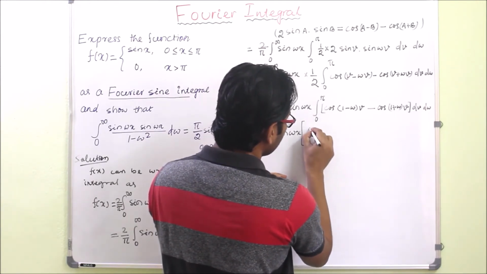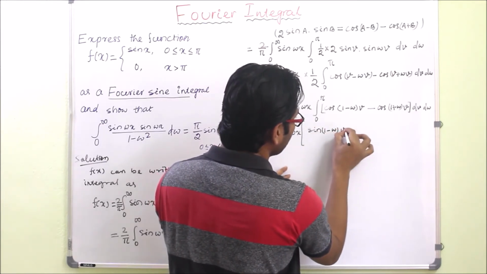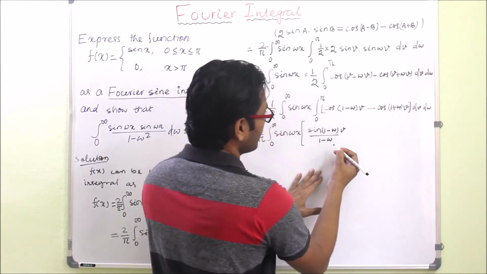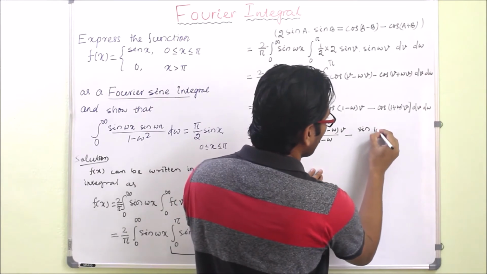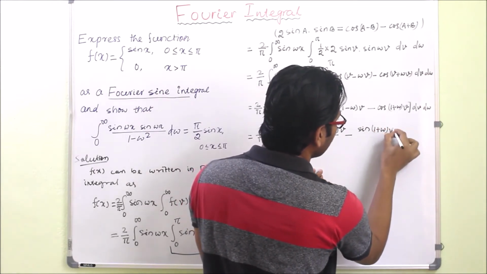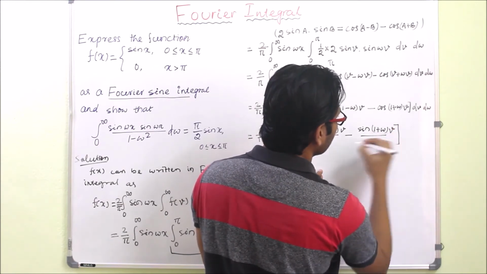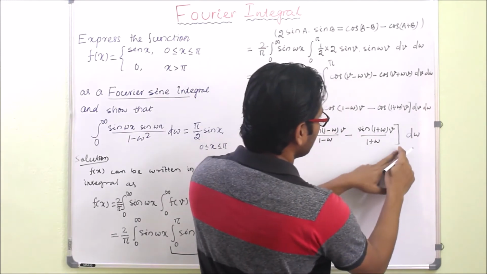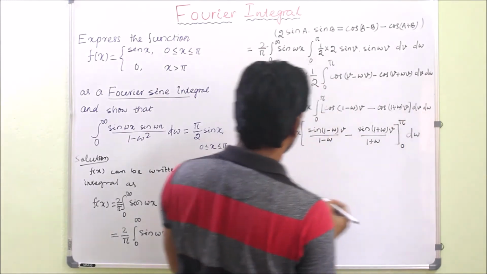So it will be sin 1 minus wv divided by 1 minus w, then minus sin 1 plus wv divided by 1 plus w. So this into dw, but what is the limit for that? It will be 0 to pi.